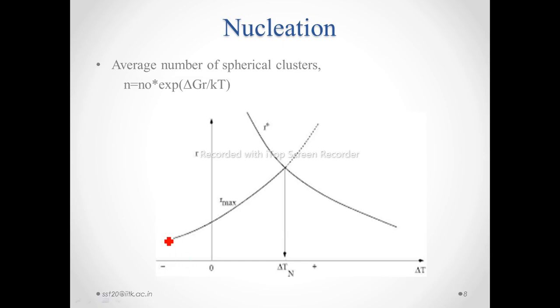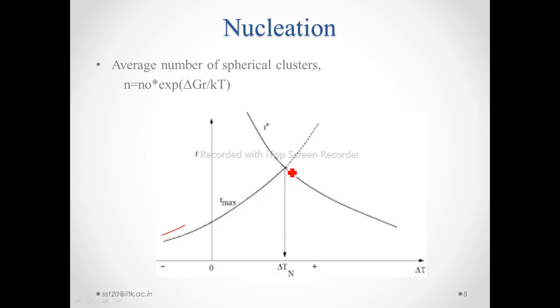This graph indicates the increase in the size of the clusters with respect to the undercooling. As we decrease the temperature, that is increase the undercooling, the size of the cluster goes on increasing.